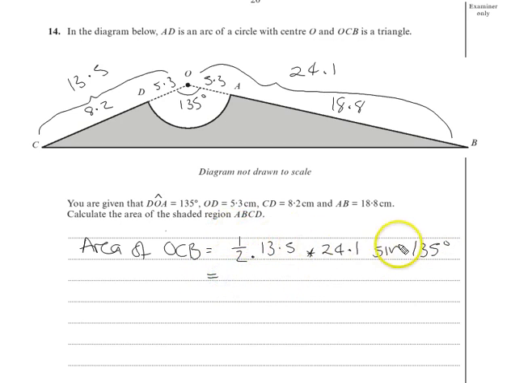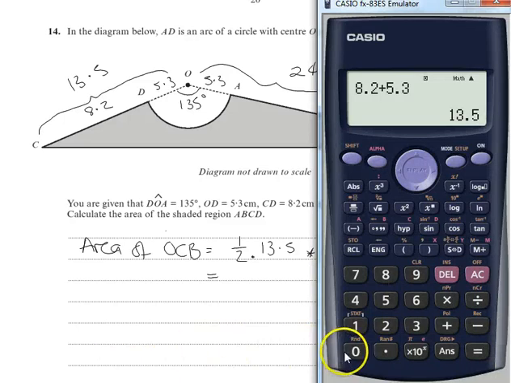Tap that in the calculator. Now that comes from the inside cover in the exam paper, doesn't it? The area of the triangle is given by that formula, half ab sine C. In regard to this triangle, these are the two sides and the included angle. Okay, so let's tap that in the calculator. So it's 0.5 times 13.5 times 24.1 times sine of 135, and I'm in degrees mode.